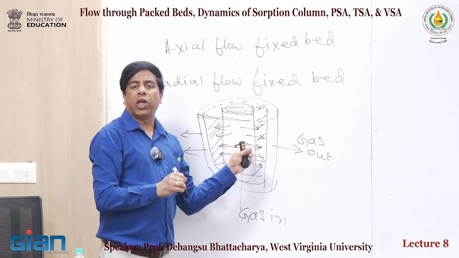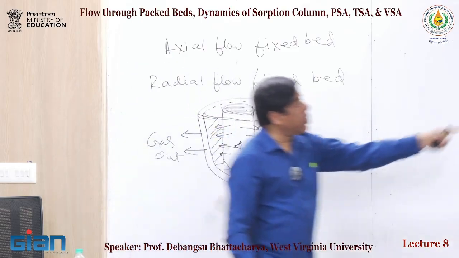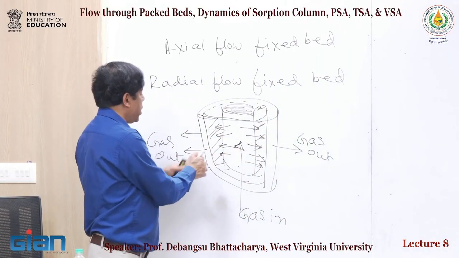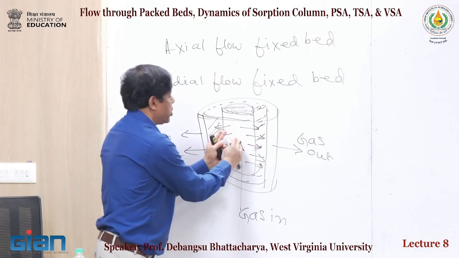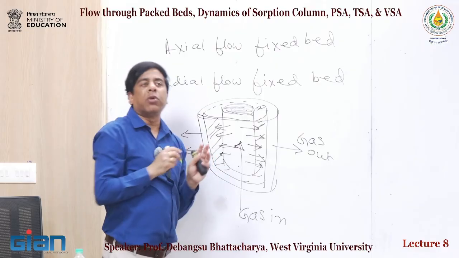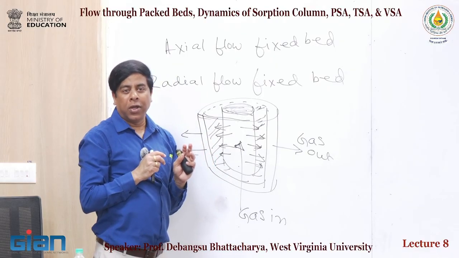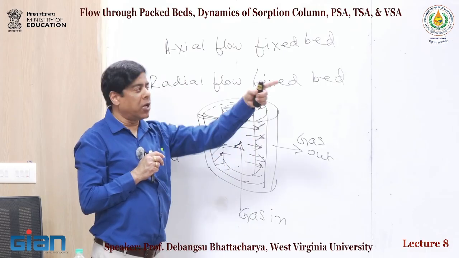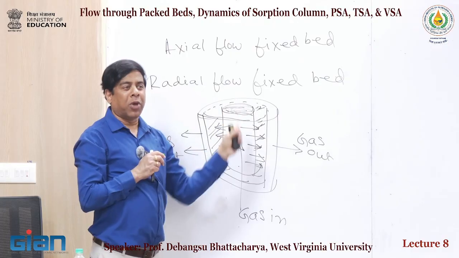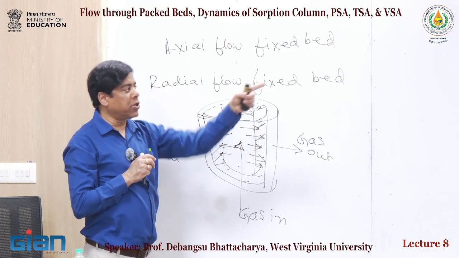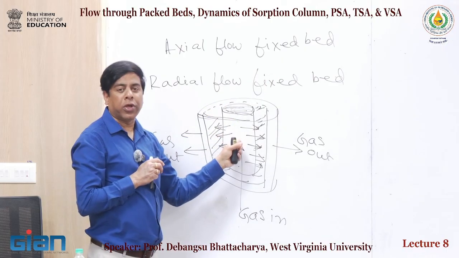So there is an internal channel, and instead of passing through this way, in a radial flow bed, it goes here and then moves sideways. So what is the advantage or disadvantage here? Just from the shape of it, can anybody imagine what the pluses and minuses are with this type of bed? What are the key differences between that orientation and this orientation?